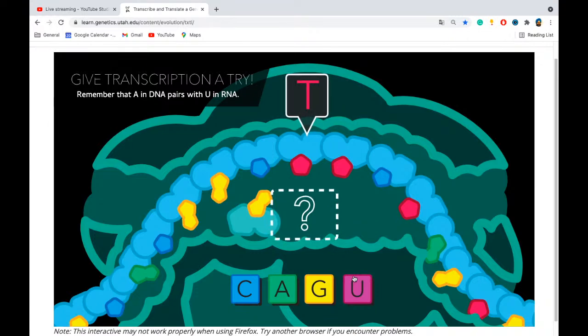I want to check your IQ on this because we are working on mRNA, not DNA replication. Students, hurry up.